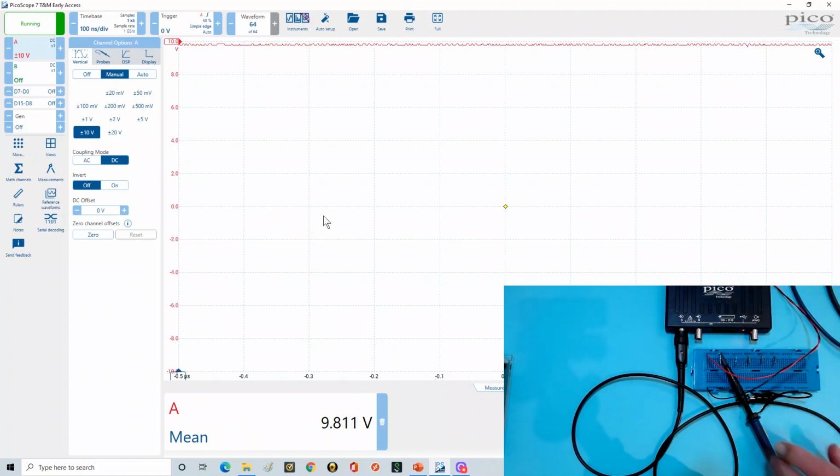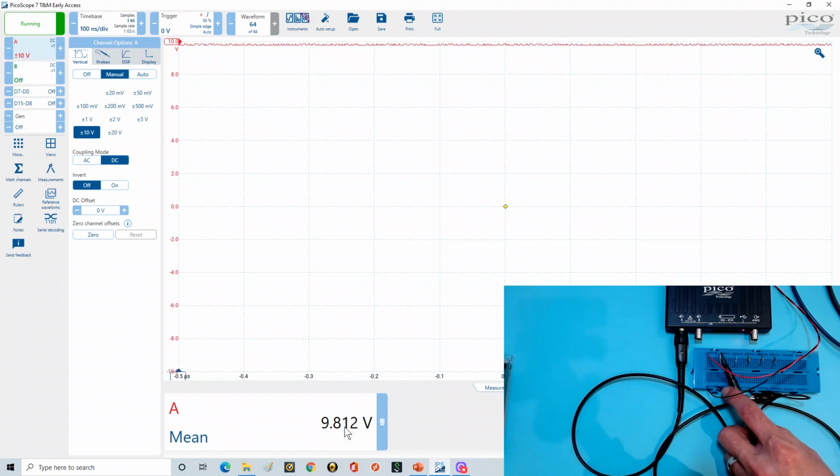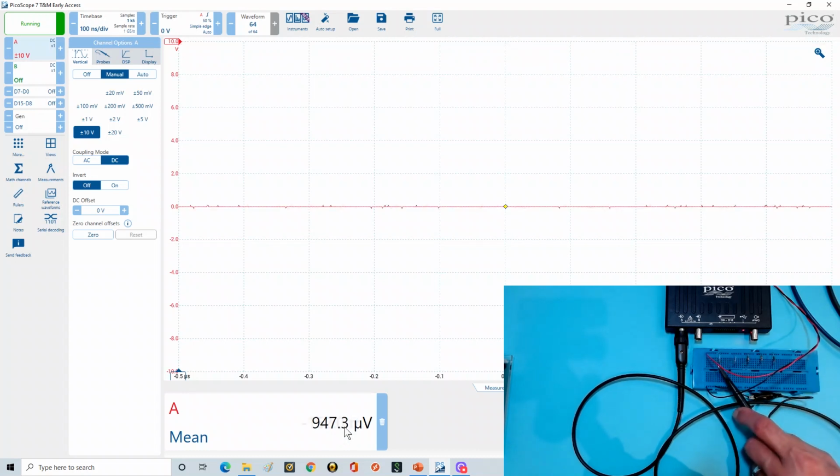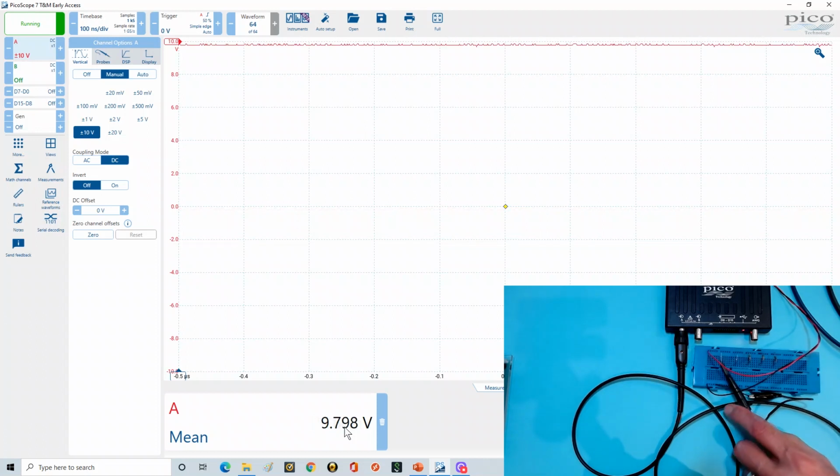So I'm going to measure and monitor this voltage as I move it around my circuit. This is my power supply going in, which is around about 9.8 volts. I'm going to move my scope probe to the other side of my 1K resistor. Now you can see it's just dropped a teeny weeny bit, and it's now like 9.79, 9.8.